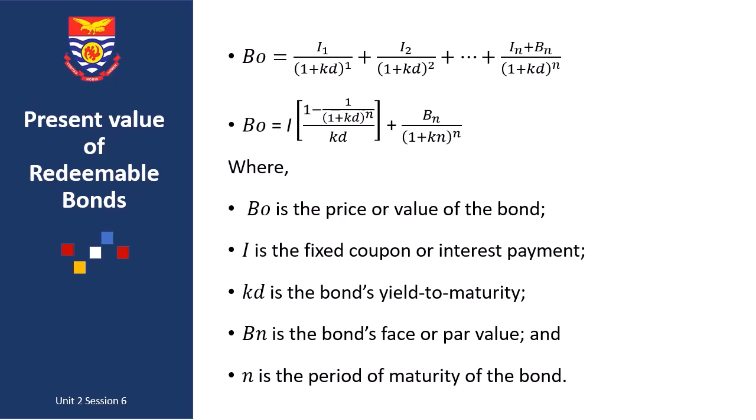It's like if you borrow someone's money for 3 years, you are going to receive interest every year, and at the end of the third year, you are going to receive the principal as well. So you get the interest plus the principal.